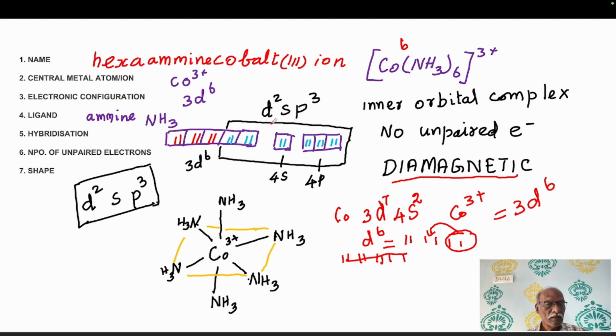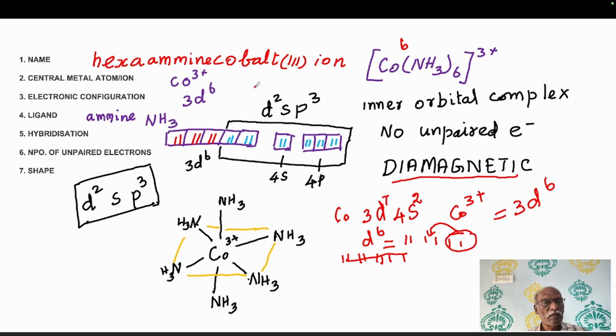And the shape is, since it is d2sp3, 6 orbitals are involved. There is only one possibility, that is octahedral. In a regular octahedron, there are 6 corners. Each corner is occupied by one ammonia molecule, giving rise to this regular octahedral shape.